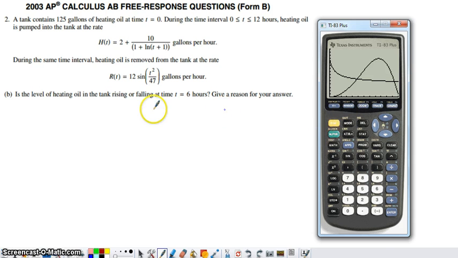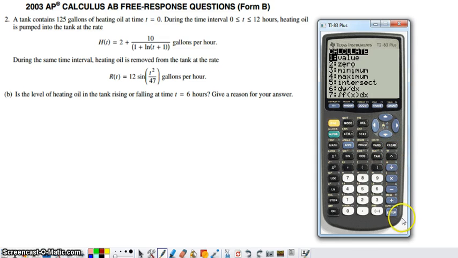We want to know if the level of heating oil in the tank is rising or falling at t equals 6. Well, let's find where t is equal to 6 here. So if I go into the calculate menu and I take this value feature, if I type in the x value of 6, it'll take me to, and I'm on the graph of y1 right now, and remember y1 is h of t here.